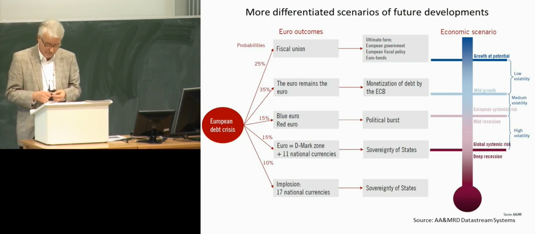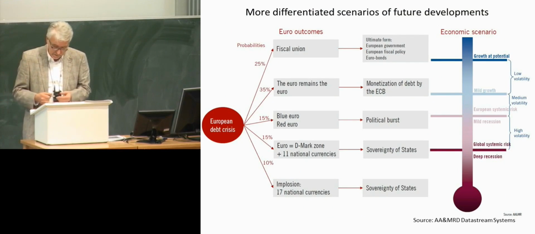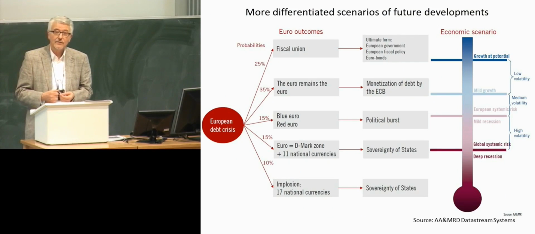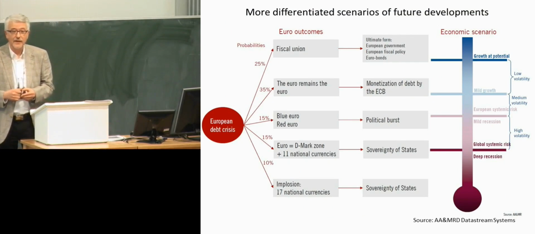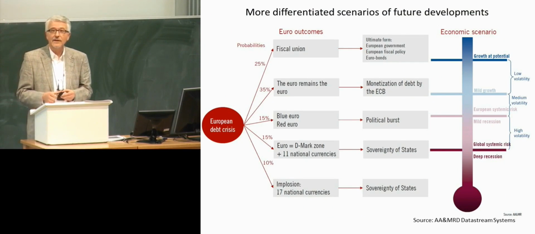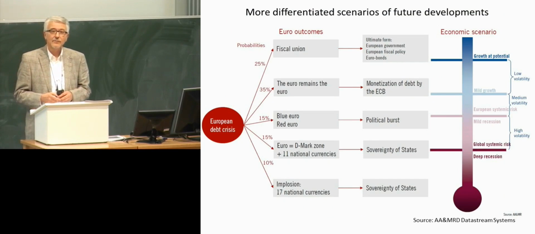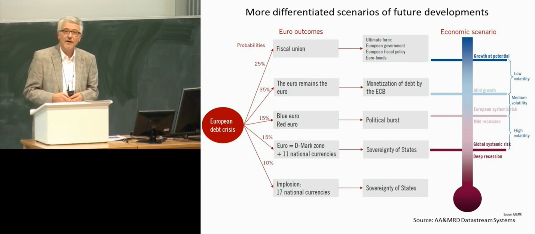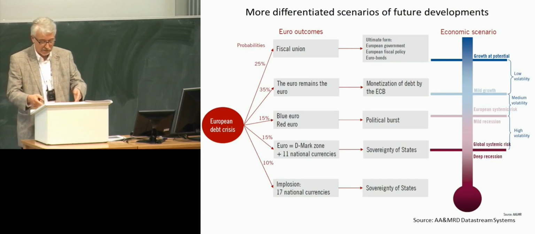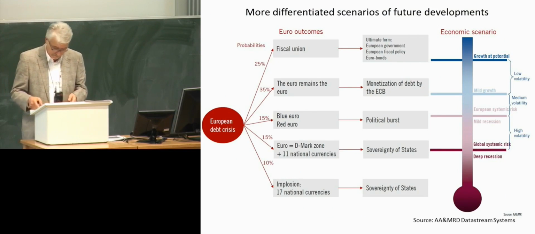Greece, as we have seen, has a weak economy, much less competitive than the economies in the European North. So investors would not trust Greece to be able to repay the money they get. So the European Central Bank has to buy Greek bonds in order to prevent default of Greece.